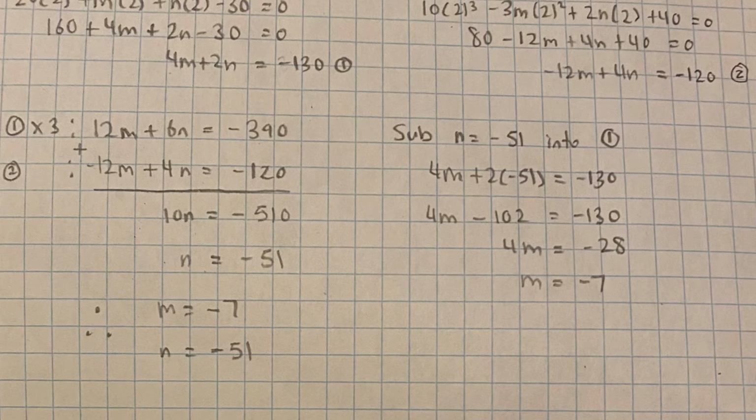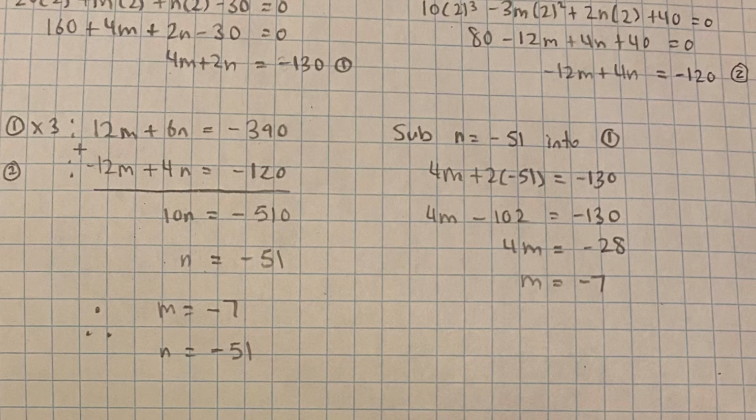First, you pick one of the variables that you want to solve, and in this case, I chose n. In order to solve for n, you want to isolate n, and in order to isolate n, we want to cancel out the value for m. We can cancel out the m value by making sure that the m value in the first equation is equivalent to the m value in the second equation.